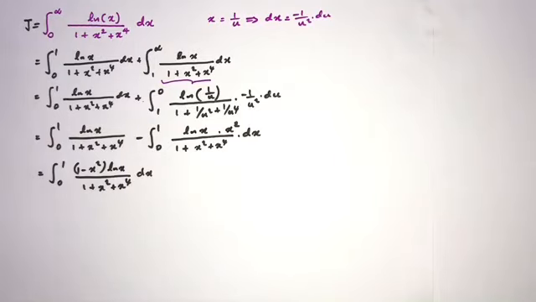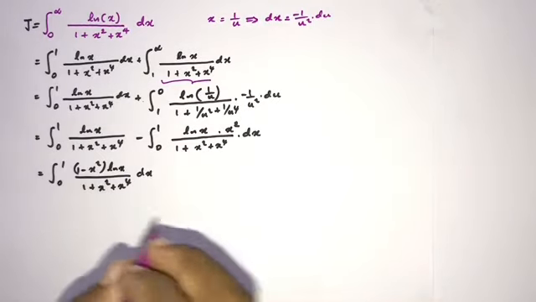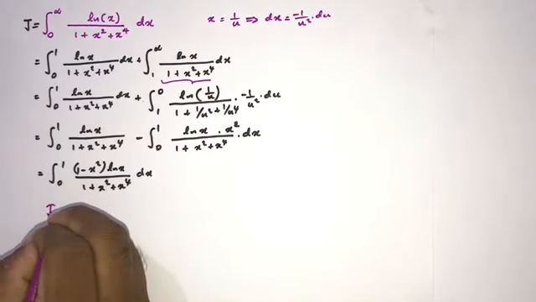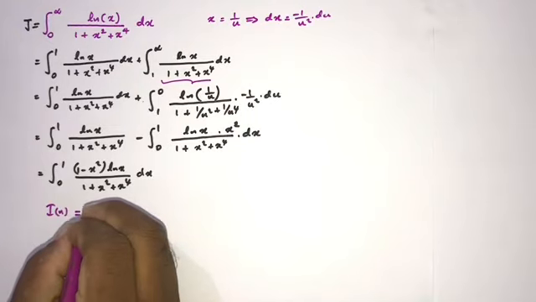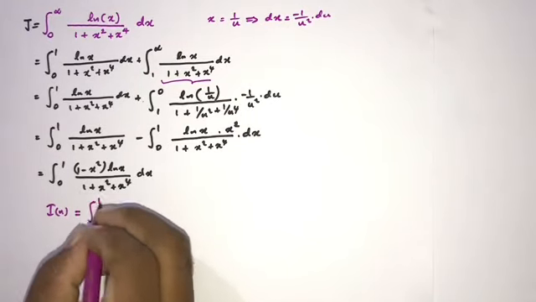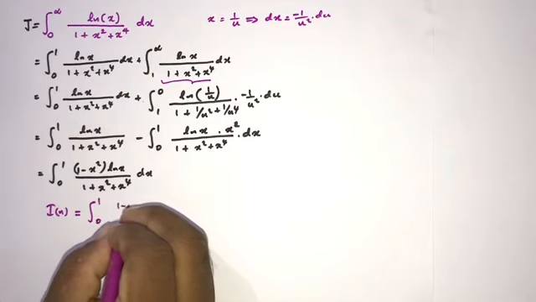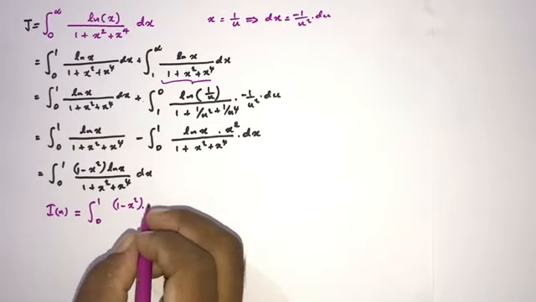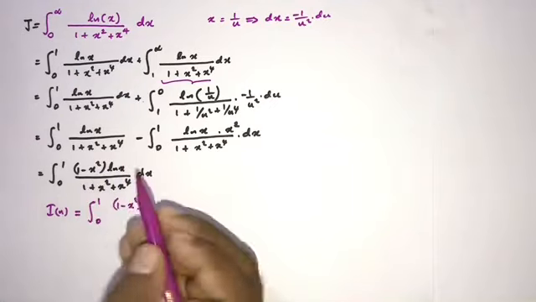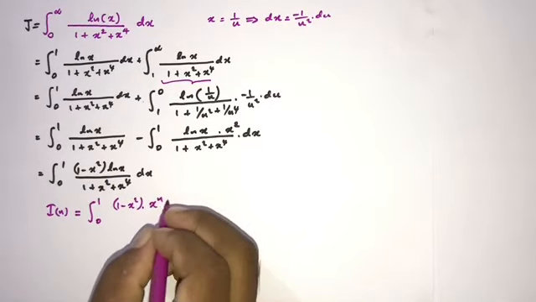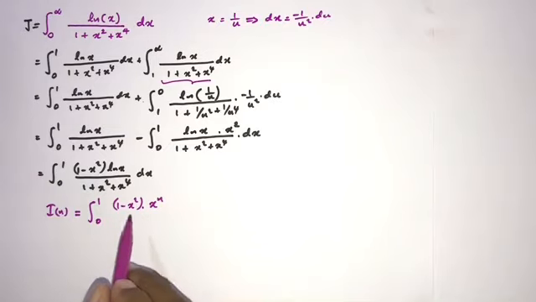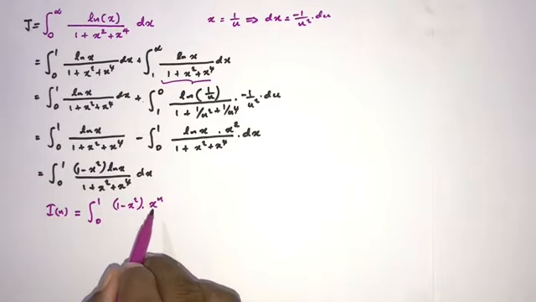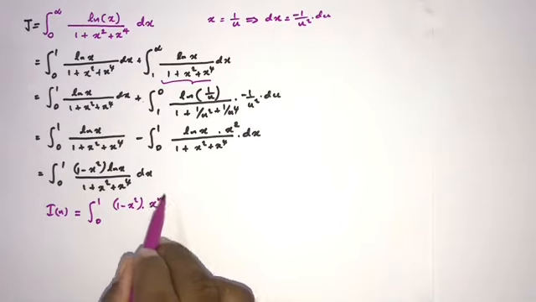Then what can we do? Okay, now I'm going to define an integral. I_n is equal to integral from 0 to 1 of 1 minus x square times natural log of x, but I am going to take x to the n, because if we differentiate with respect to n, we have x to the n times natural log of x.